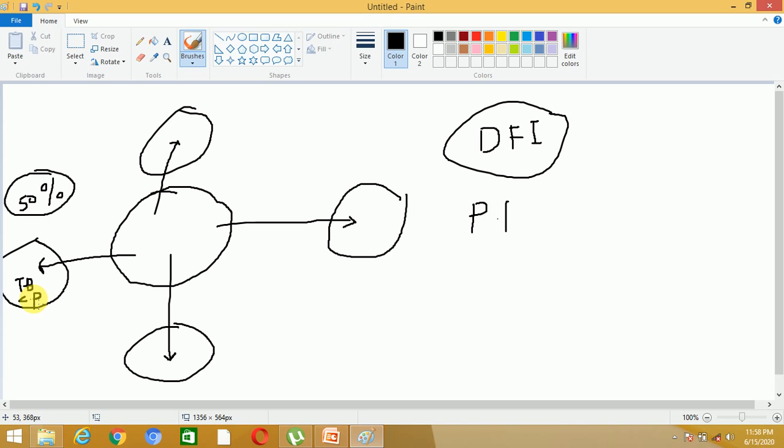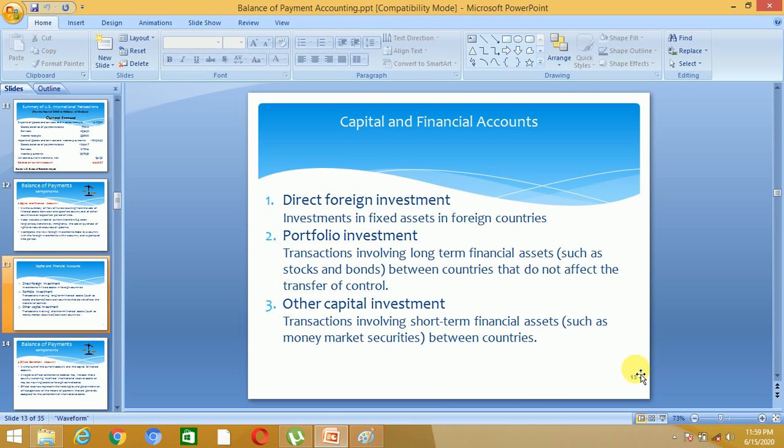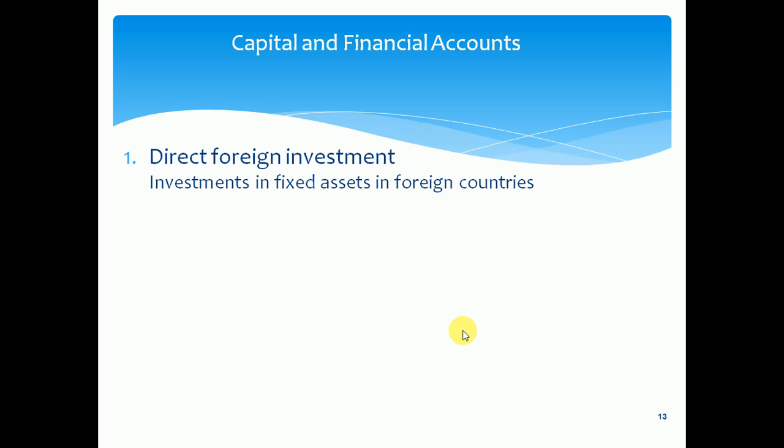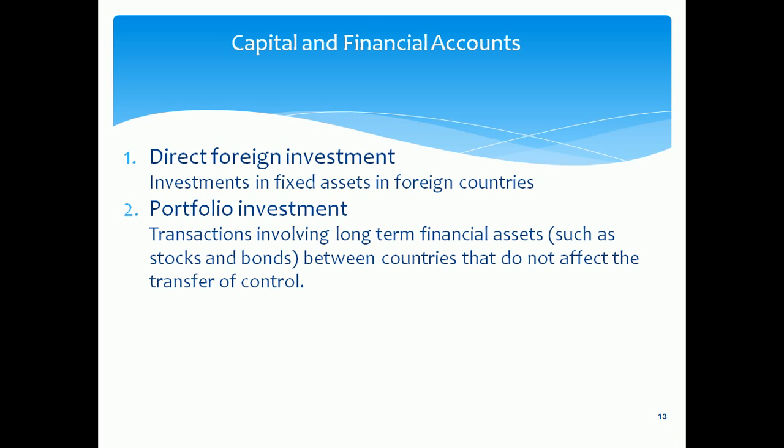Because they are short-term investments, their maturity is less than 1 year. So we call it other capital investments. So we discussed the three components of the capital and financial account.